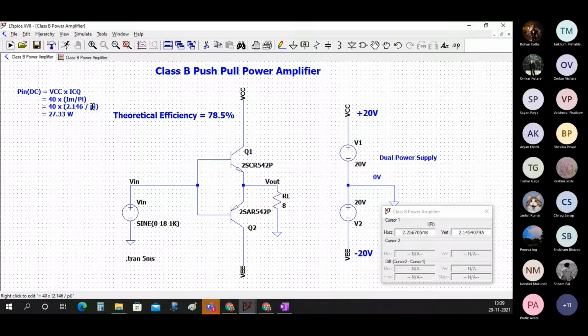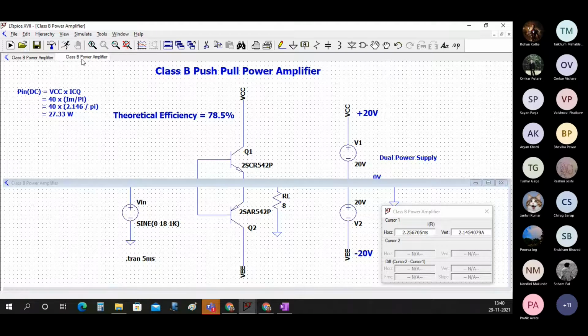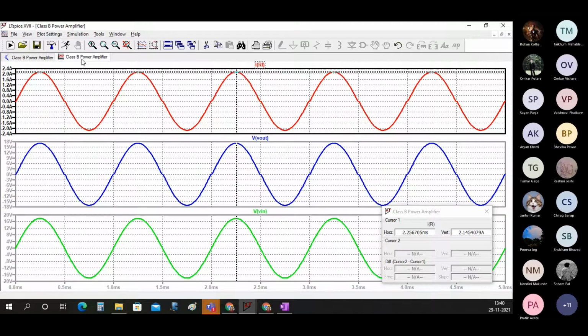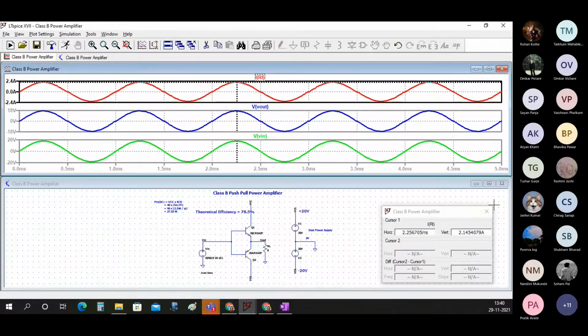If I am measuring the maximum value of current, the DC value of that would simply be Im by pi. So now you will show me this circuit and waveform.